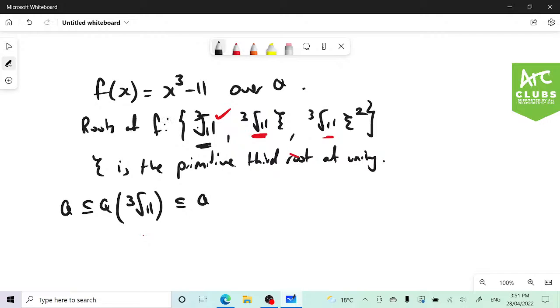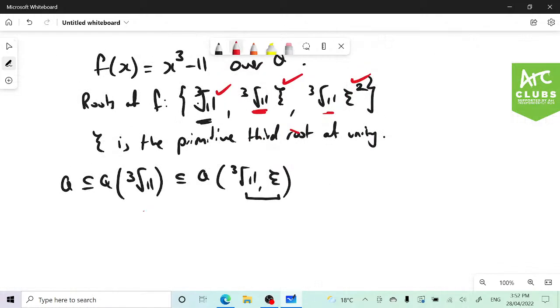So let's adjoin the second one. We can see that we can already generate cube root of 11, so we don't need to consider this when we're adjoining new elements here. Instead, let's just adjoin this primitive third root of unity. And what we can see is that we can multiply these two elements together to generate this. So this here is satisfied, and also this here is satisfied as well, because we can take powers of this element here, and you'll still remain inside this extension field.